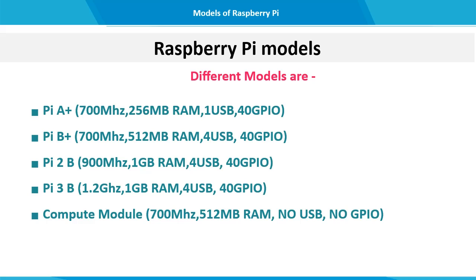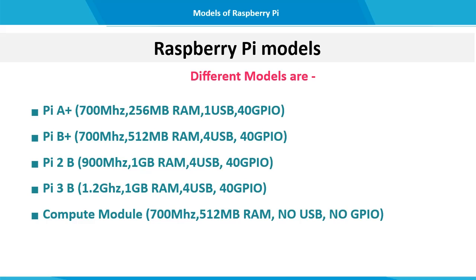Then we have Pi 2B. It has 900 MHz CPU, 1 GB RAM, 4 USB and 40 GPIOs. Pi 3B. CPU is 1.2 GHz, RAM is 1 GB, USB ports are 4 and 40 GPIOs.